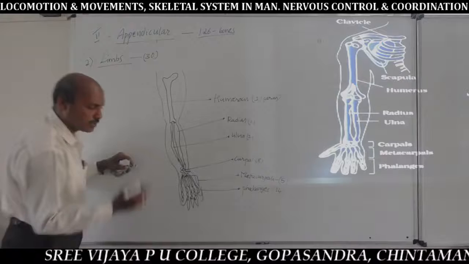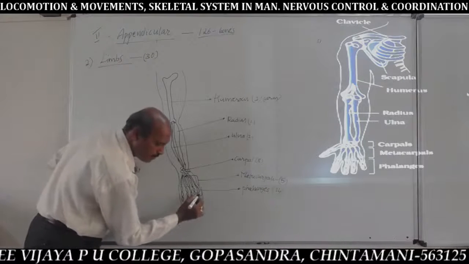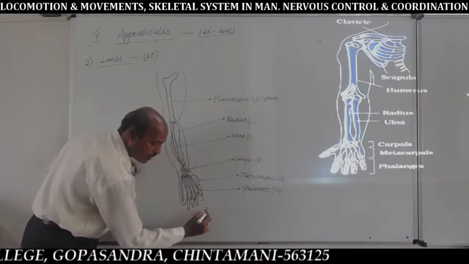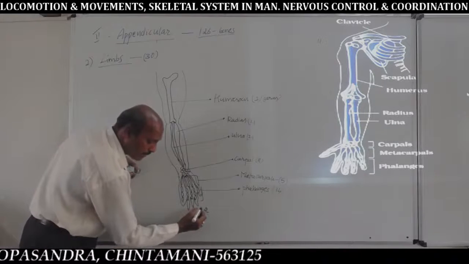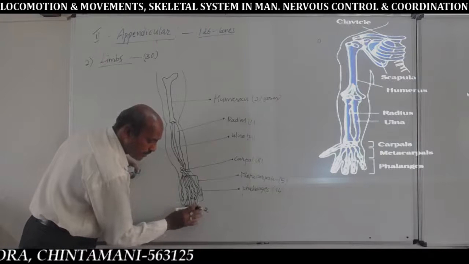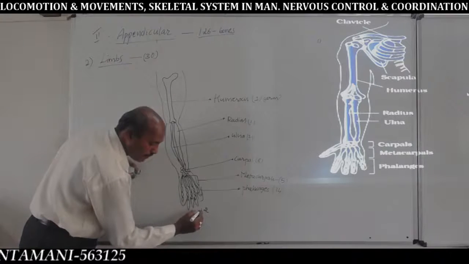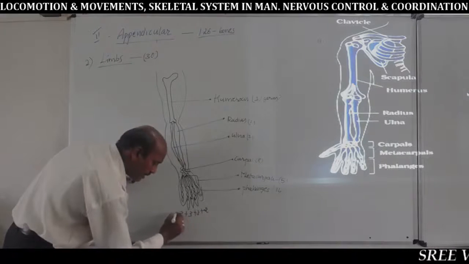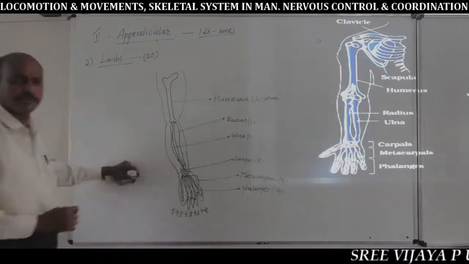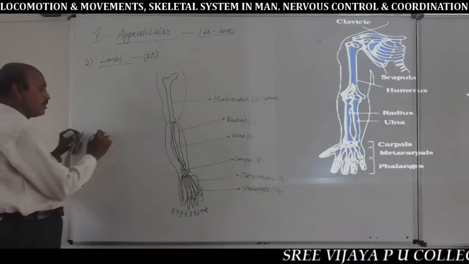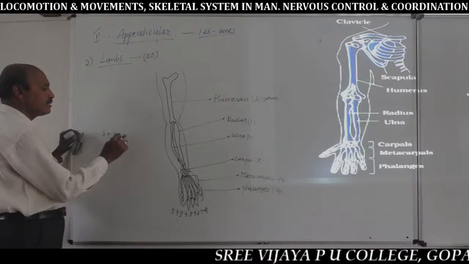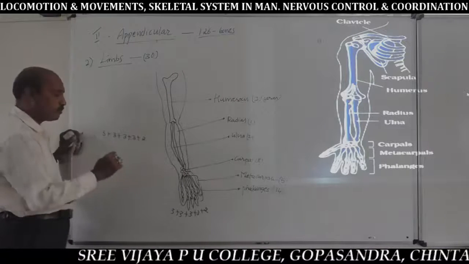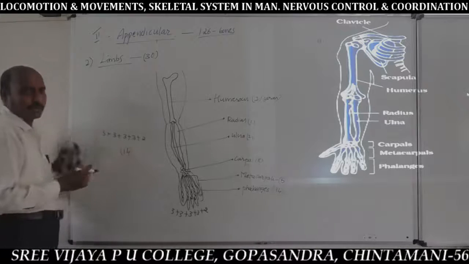Out of 14 bones, very important, the thumb finger has only 2 phalanges, while each of the remaining 4 fingers contains three bones. The thumb has only 2 bones, totally 14 bones of the phalanges.